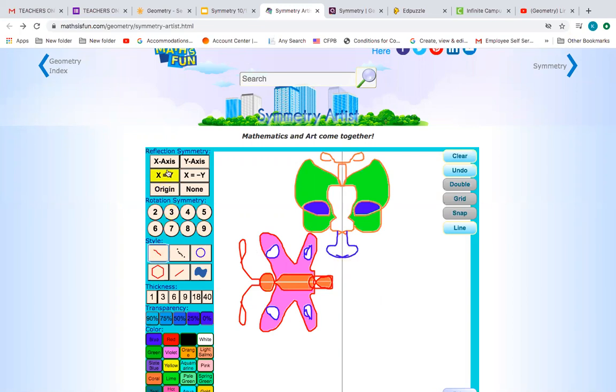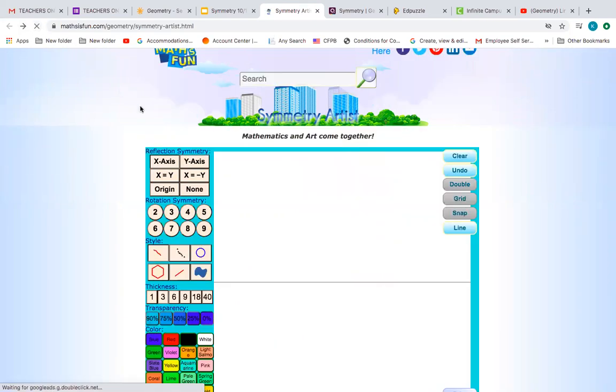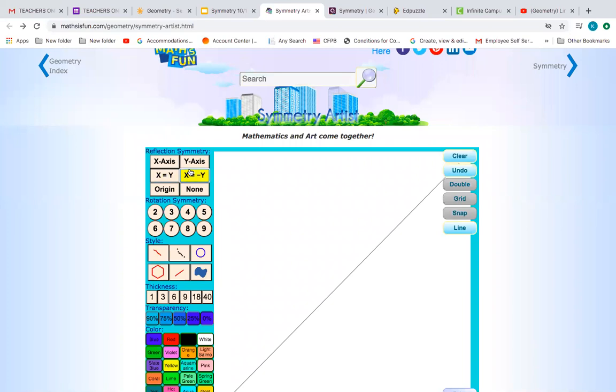You can do x equals y, which is diagonal. If you want to delete these things, you can delete. I will do diagonal, x equals y, and y equals negative x, and then you can start to draw.